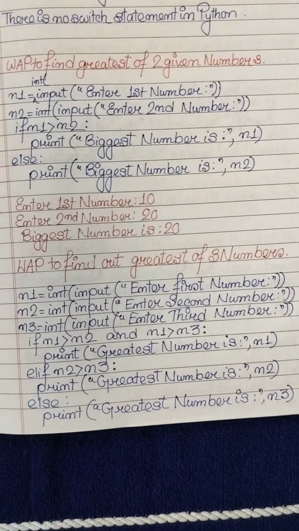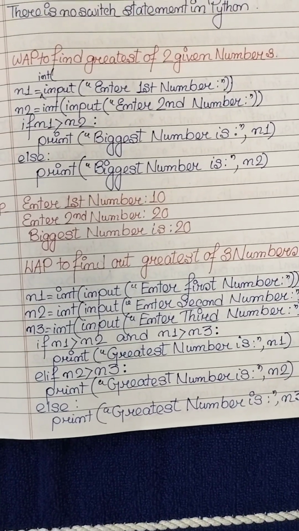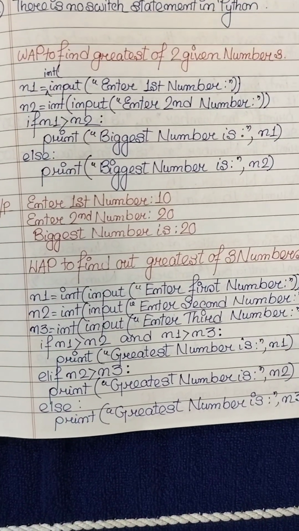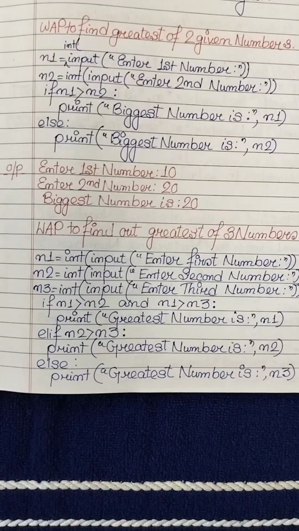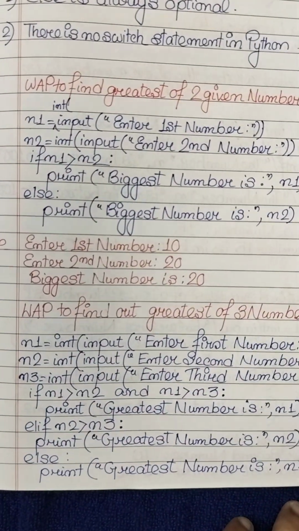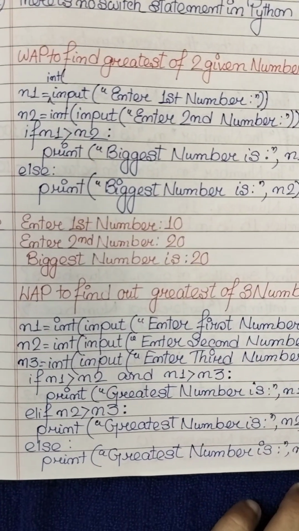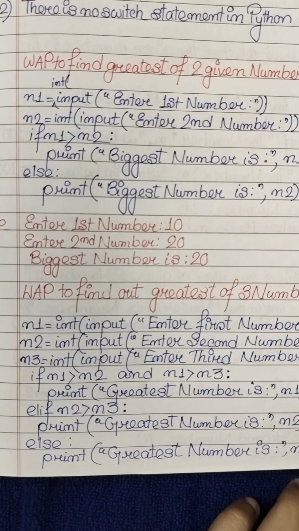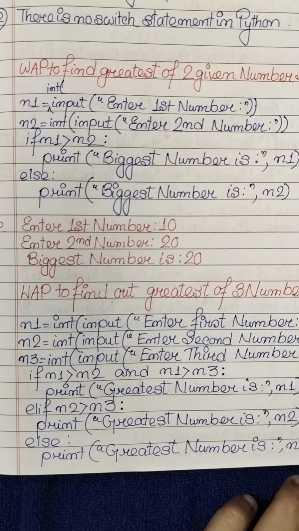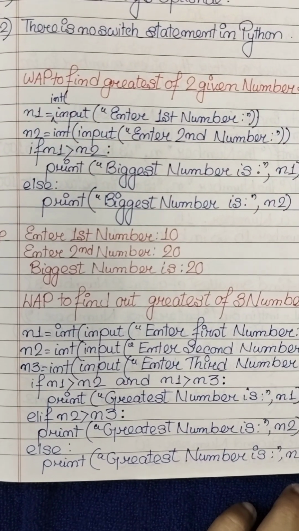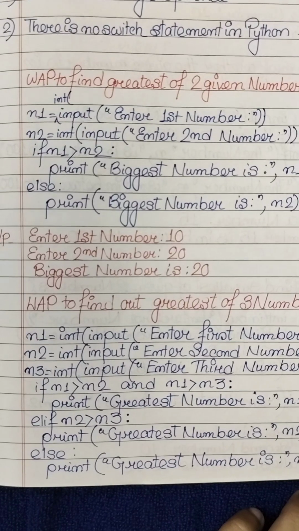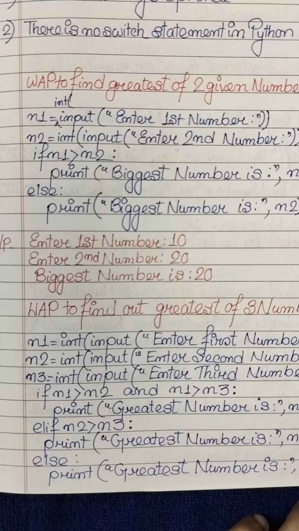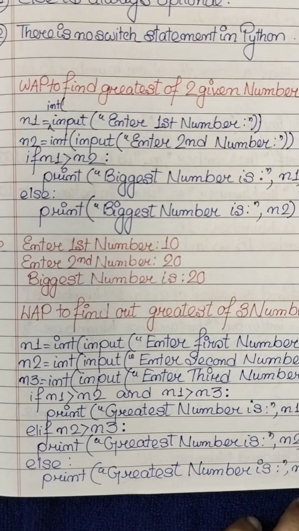The first program is to find the greatest of two given numbers. We have to take two numbers. The first one is n1 = int(input("Enter first number")), and n2 = int(input("Enter second number")).